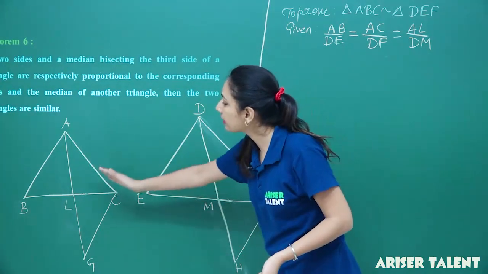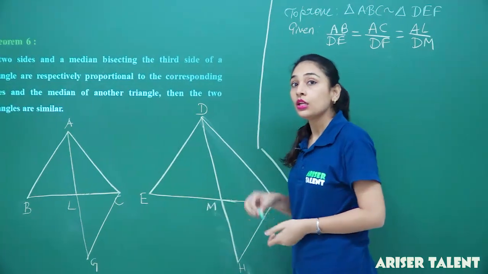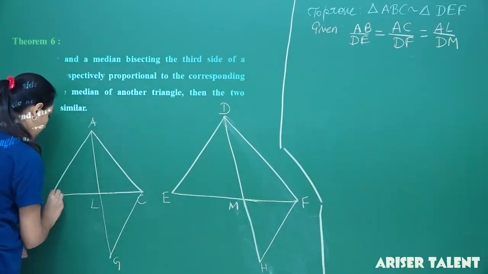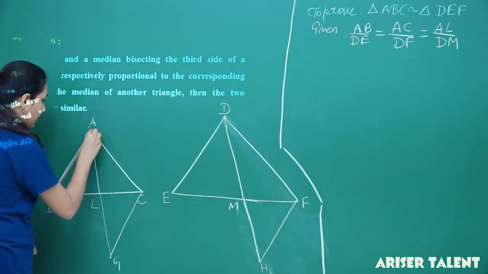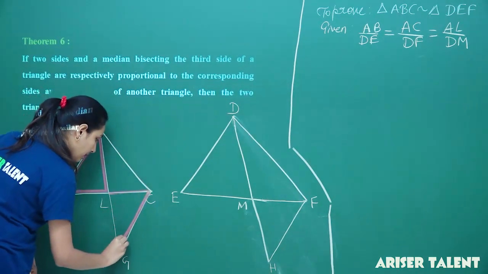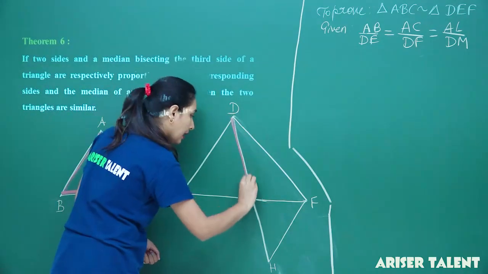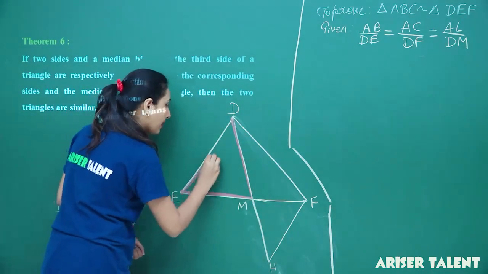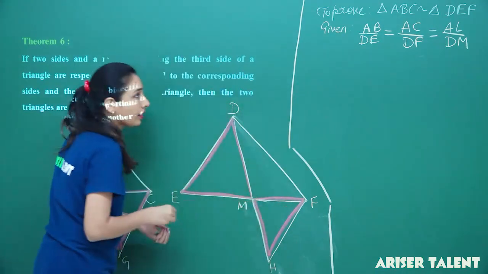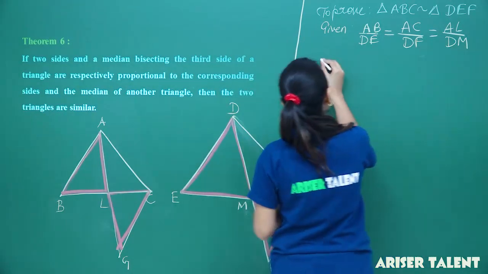So I want to get it in my equation, so I just constructed it. We have just constructed these triangles like this. Now I am taking this triangle and this triangle, and in this figure, I am taking this triangle and this triangle. So first write down what you have done by construction.